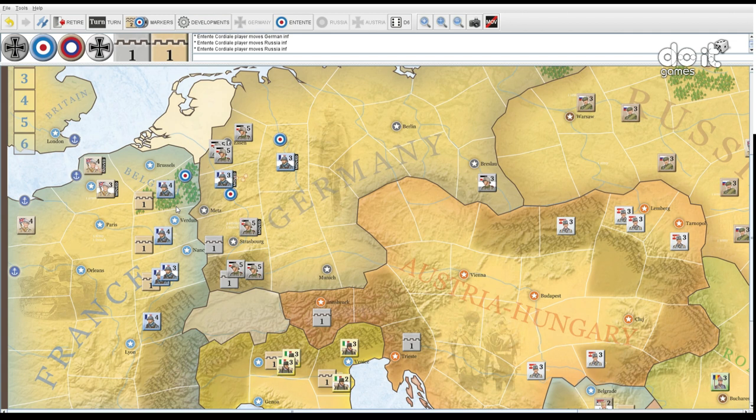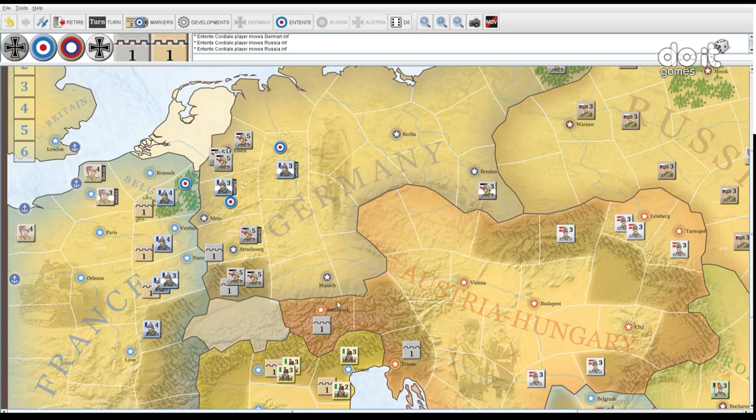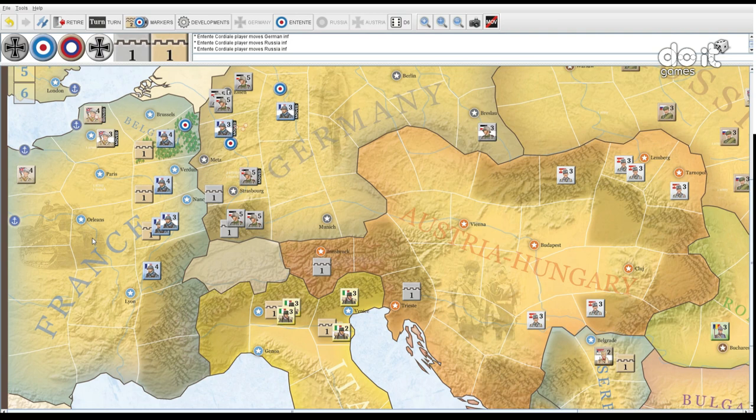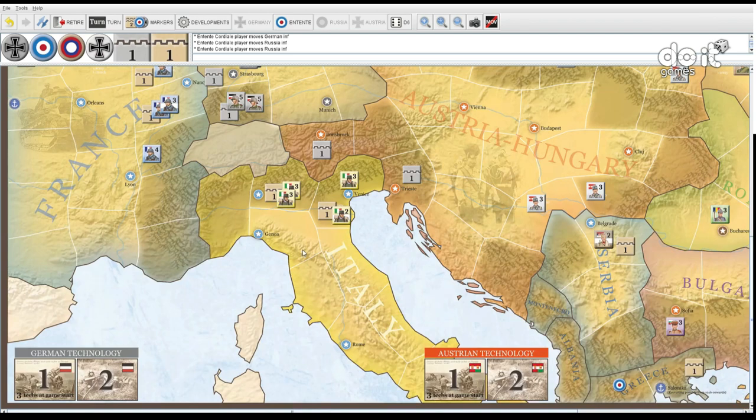When you do this action, Germany, Russia, and French UK have 3 recruitment points, and Austria-Hungary only has 2 of them. And you must spend these recruitment points among all the countries that form part of the power. For example, the French-UK power is formed by France, UK, Serbia, and probably Italy in the middle of the game.